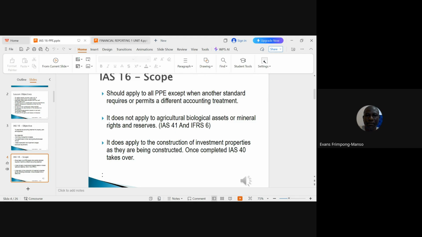So IAS 16 applies to all property, plant, and equipment, unless there's another standard that deals with that particular property, plant, and equipment. Apart from that, all property, plant, and equipment that comes under the scope of IAS 16 will be dealt with today. And I'll give you examples of assets that we consider to be property, plant, and equipment.